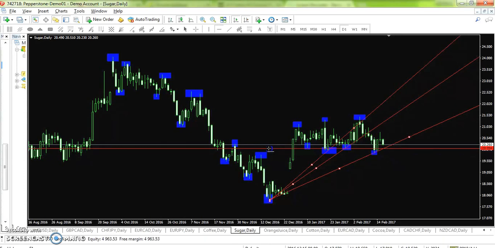Supposing you are jumping in at those levels, tomorrow or in subsequent days you will get these levels. So you jumped in, and now you have to draw your risk appetite, your stop loss. How much risk are you going to take?